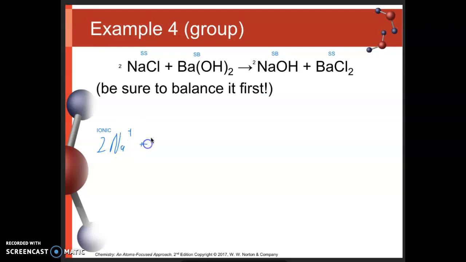I've got 2 chloride ions. I've got barium ion, Ba 2+. I've got 2 hydroxide ions.